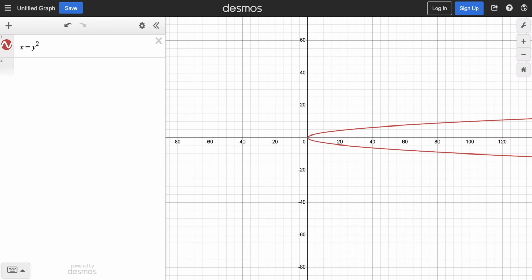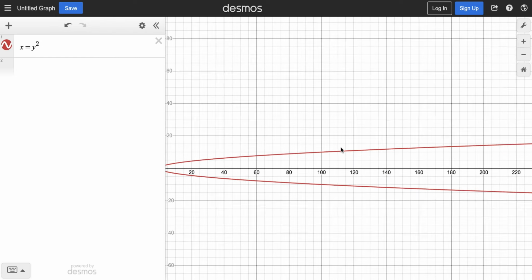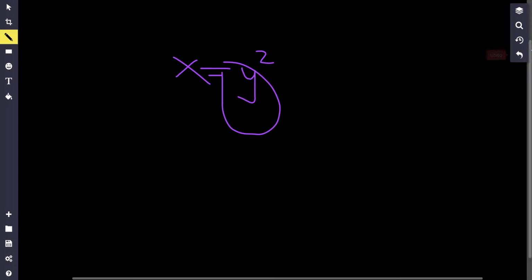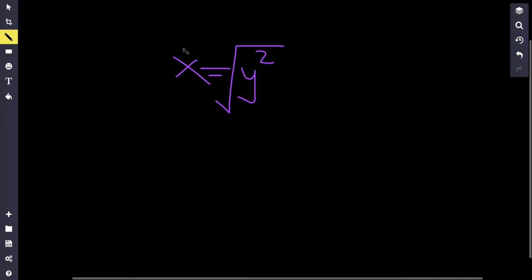You can also have parabolas that are horizontally shaped. So in this case, we have the graph of x is equal to y squared. And the reason why this works is because you have x equals y squared. If you want to solve for y, you can take the square root of both sides. So this cancels out, and you get y is equal to plus or minus the square root of x.